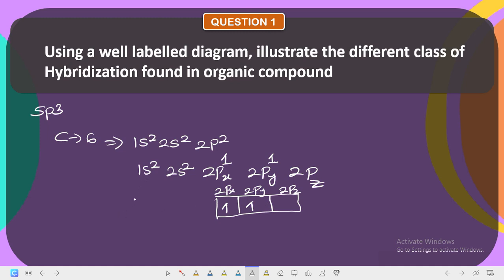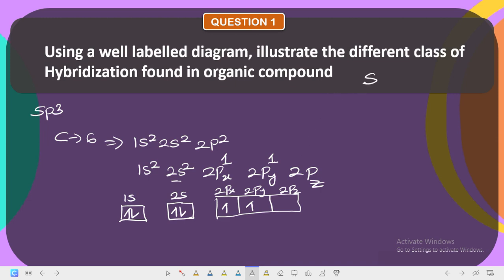Now, this 1s orbital has just 1 orbital in it, and the 2s orbital also has just 1 orbital in it. This 1s orbital has its complete 2 electrons. This 2s orbital also has its complete 2 electrons.